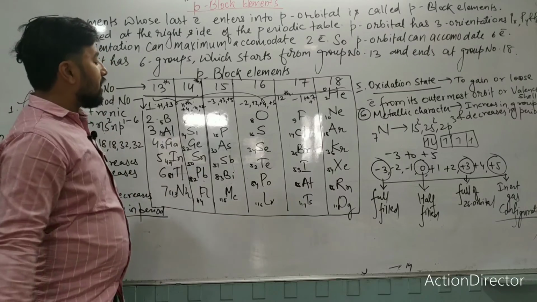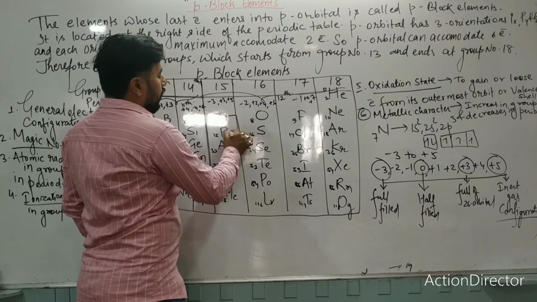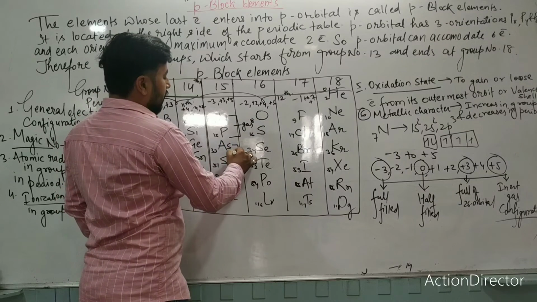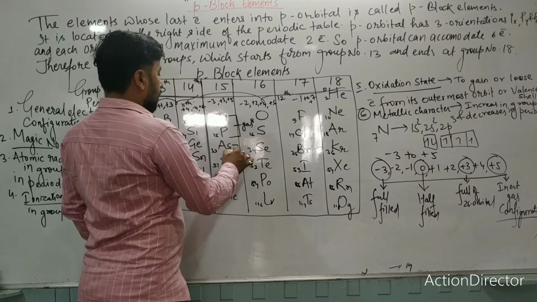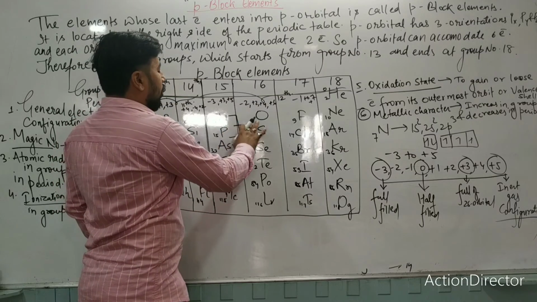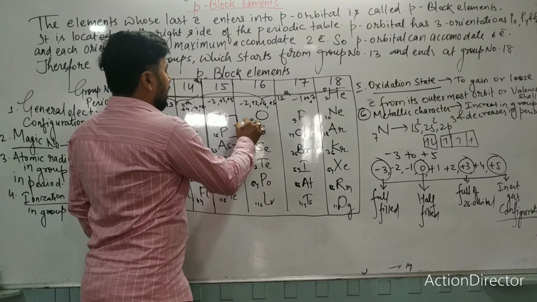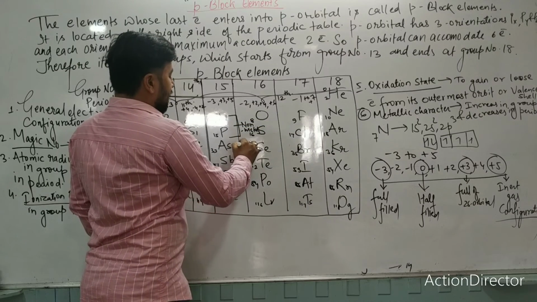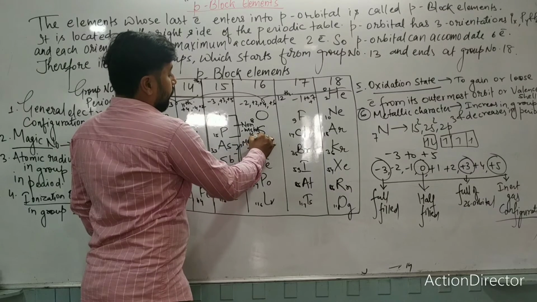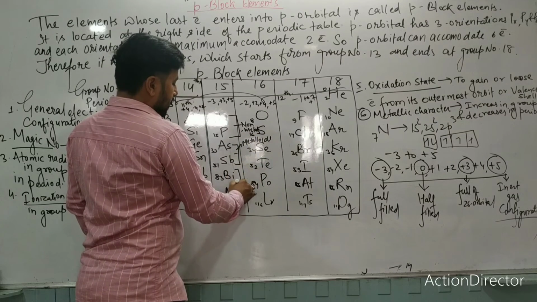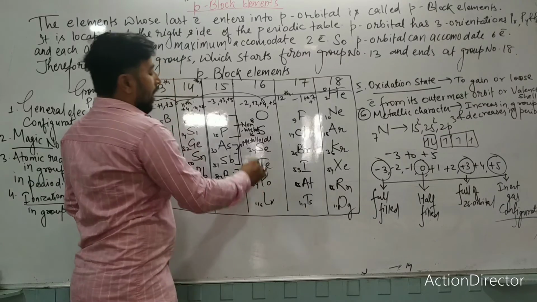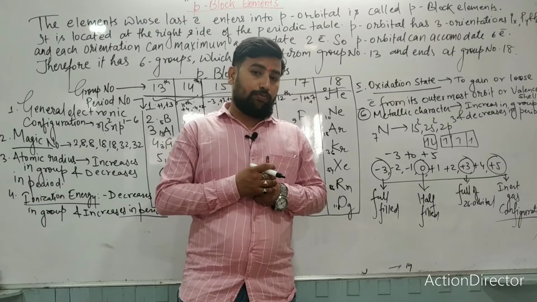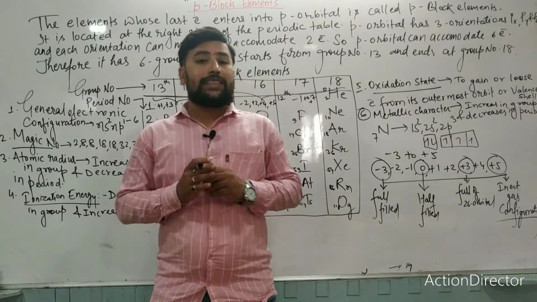Out of these group number 15 elements, nitrogen and phosphorus are non-metals, arsenic and antimony are metalloids, and bismuth is a metal. Why have I said this? Because I have written here that metallic character increases down the group. So you should remember these physical properties.